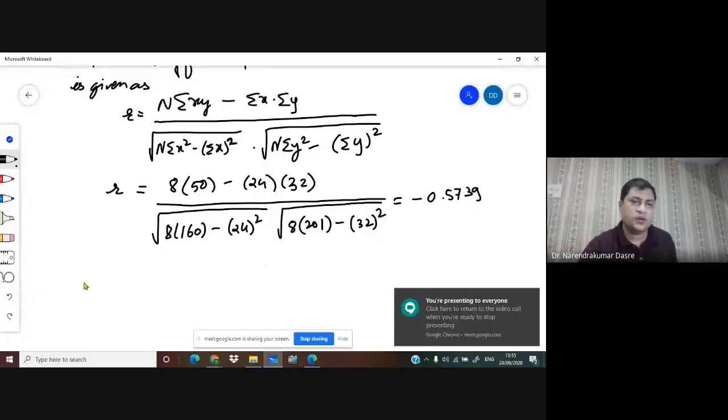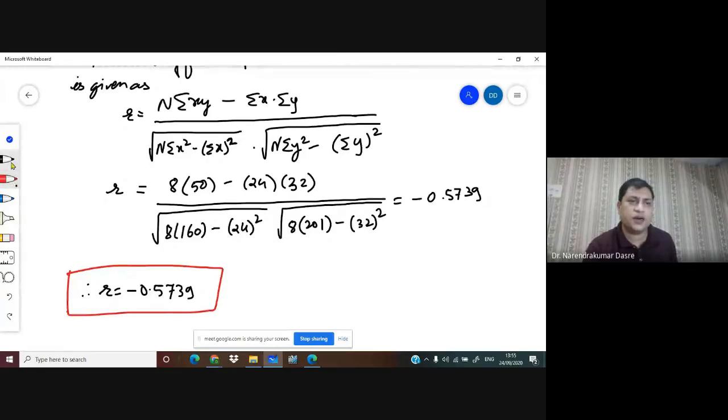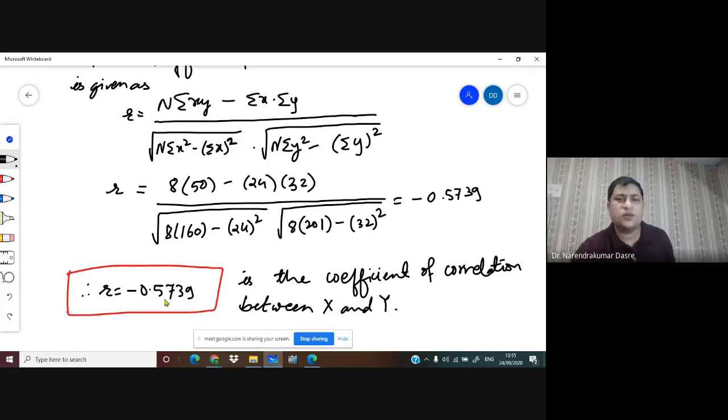And hence we write here r is equal to minus 0.5739. So this is the value of r, the coefficient of correlation between x and y.